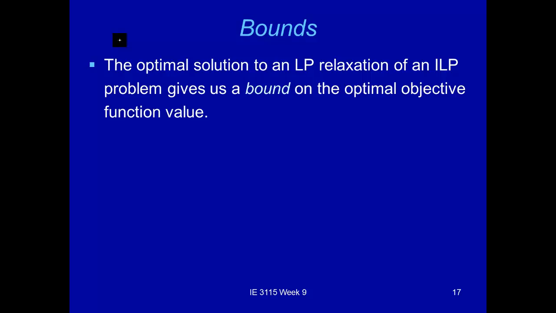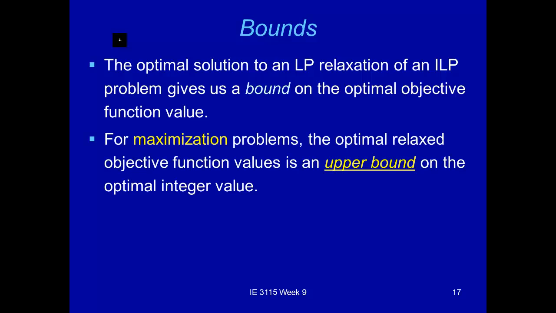Okay, so what it means is that for a maximization problem, the optimal objective function value you get from the LP relaxation will always be greater than or equal to the ILP solution's objective function value. So for a maximization problem, the optimal relaxed objective function value is the upper bound on the optimal integer value.